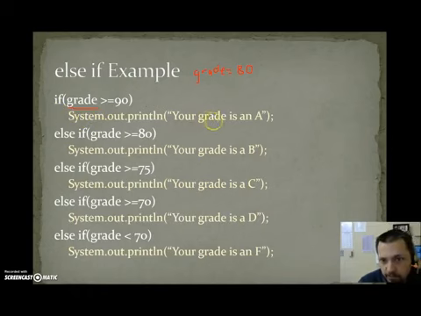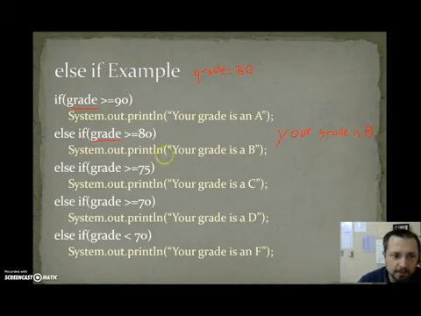So we will not be printing your grade is A. Otherwise, if grade is greater than or equal to 80, which it is, then we're going to print your grade is B.